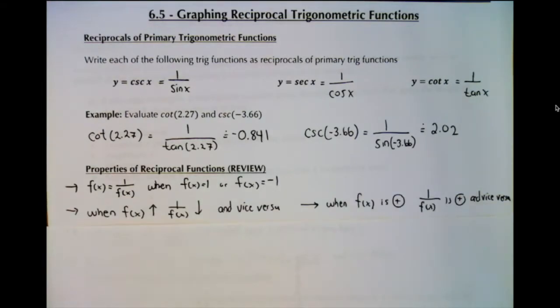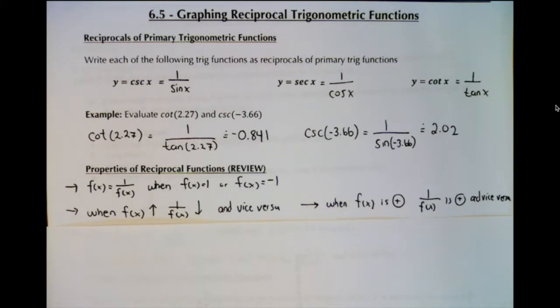Next is about where it's positive, where it's negative, where it's increasing, where it's decreasing. When the original function is increasing, the reciprocal should be decreasing. Like when the original function's y values are numbers like 1, 2, and 4, the reciprocals of those numbers would be 1, 1/2, and 1/4. 1, 2, 4 is increasing, but 1, 1/2, 1/4 is decreasing. So there's a relationship there, and vice versa.